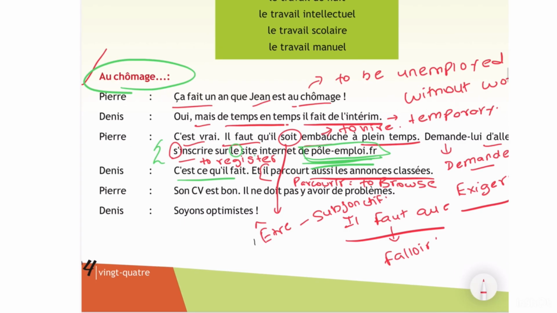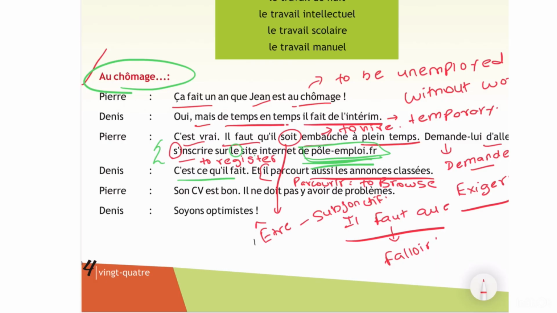Then, son CV est bon, il ne doit pas y avoir des problèmes. Another thing, if you want to be hired, you should have a good CV, right? A good resume. It basically includes all the details a person needs, whoever is hiring you, to find your qualifications, right? Your experiences, basically.